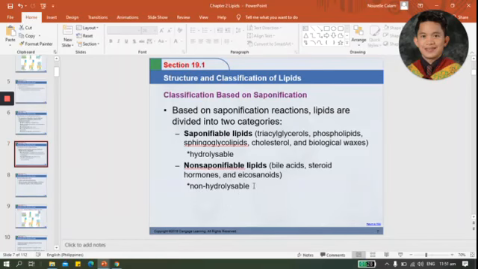Examples of saponifiable lipids are the triacylglycerols, the phospholipids, the sphingoglycolipids, the cholesterol, and the biological waxes. The lipids that fall under the non-saponifiable category are the bile acids, the steroid hormones, and the eicosanoids.